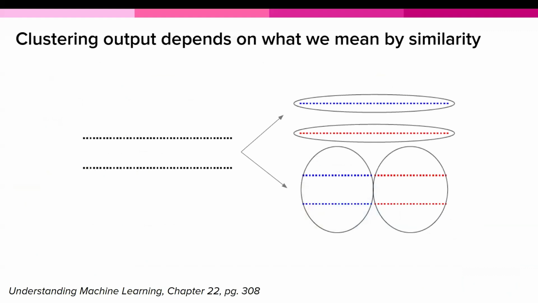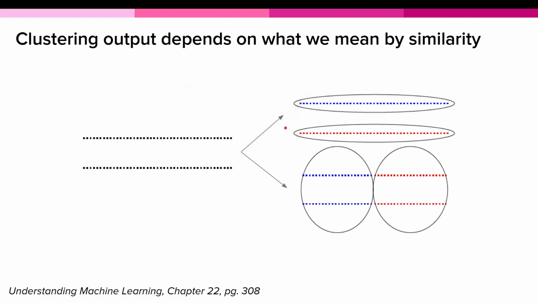And so the outcome of a clustering algorithm is highly dependent on how we actually define similarity, what we mean by similarity between objects being grouped. And so a given data point can be clustered in multiple equally valid ways, depending on how we define similarity. So for example, if we were given a data set with two features that looked something like this, we could come up with two different clusterings, well, at least two.